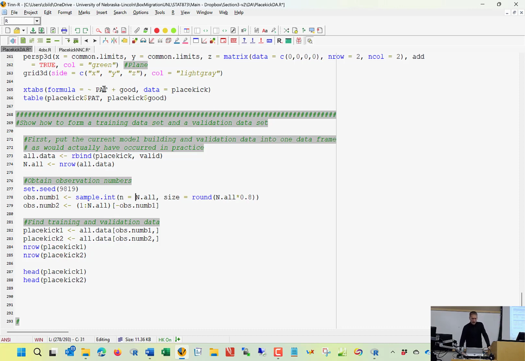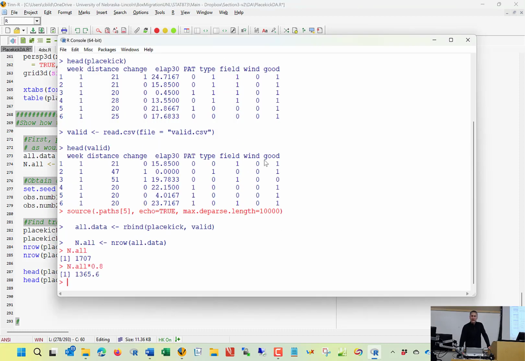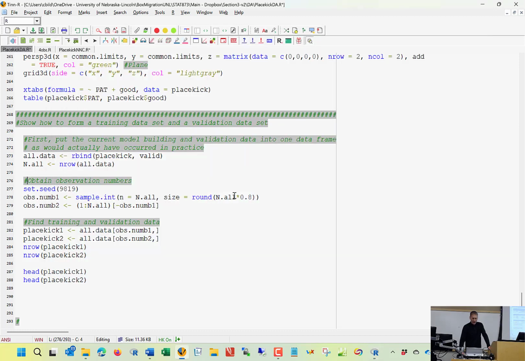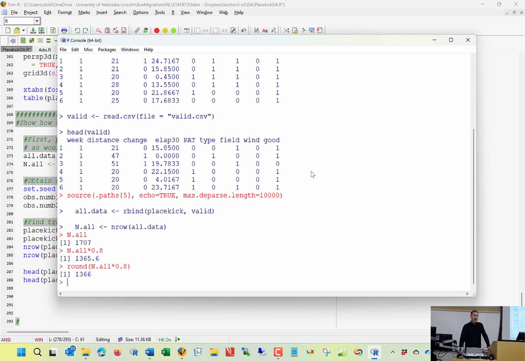And how many do I want to sample? That's what the size argument is. And like I said, I want to do an 80-20 split. So I'm going to take n.all, multiply it by 0.8. Since that's not an integer itself, I'm going to round. So I'm not going to get quite 80-20%, but it's going to be very close. And so I'm going to take a sample of 1,366 integers from 1 to 1707.